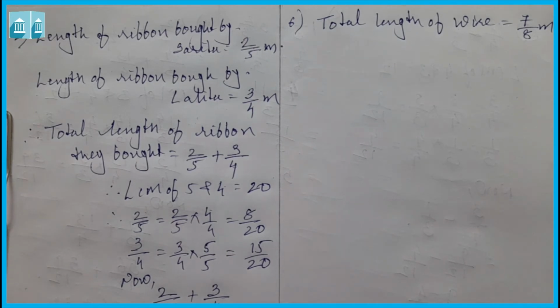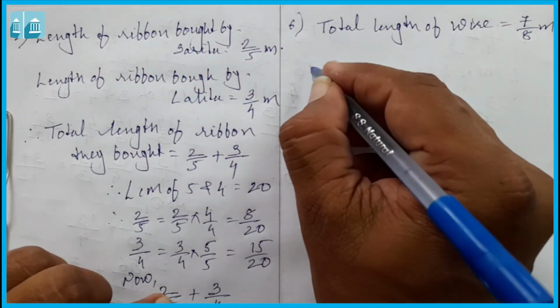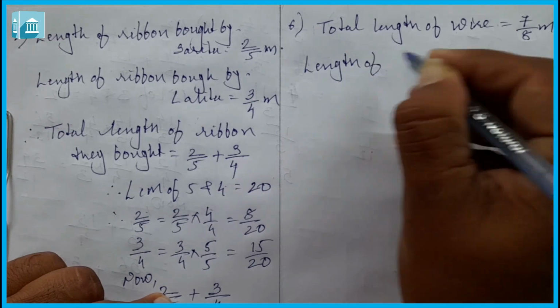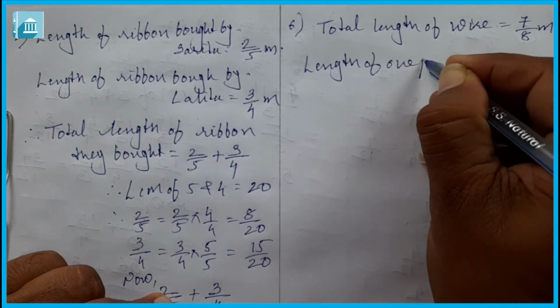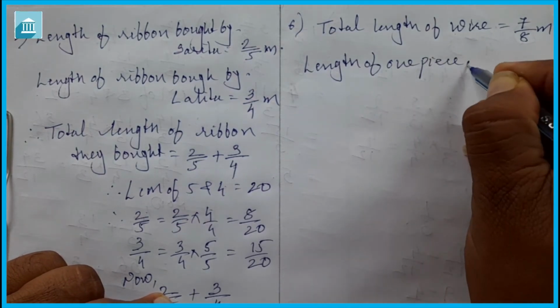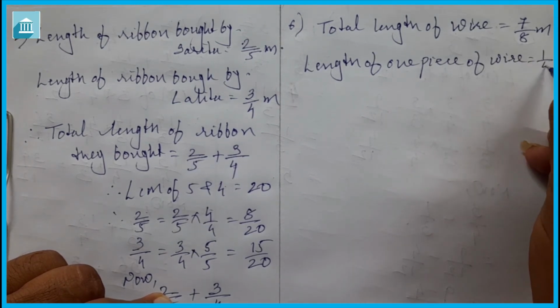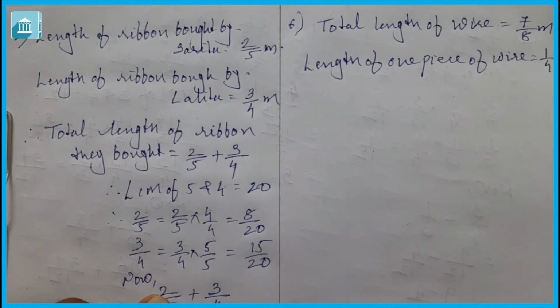Now one of the pieces was 1 by 4 meter long. So the length of one piece of wire is equal to 1 by 4 meter. What we have to find out is how long is the other piece.